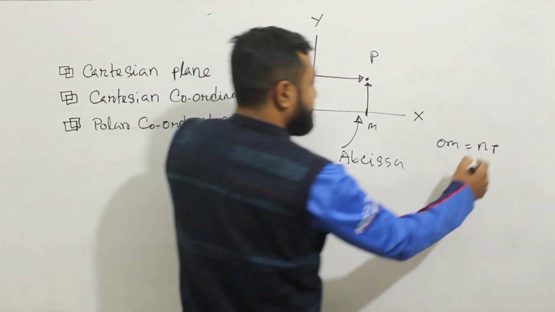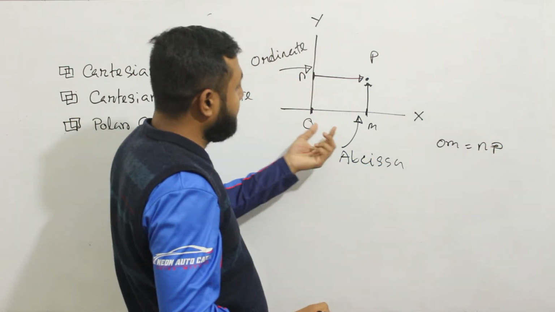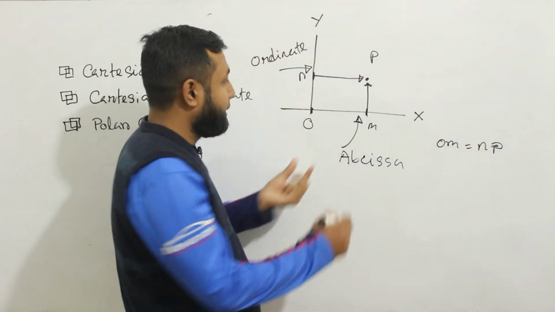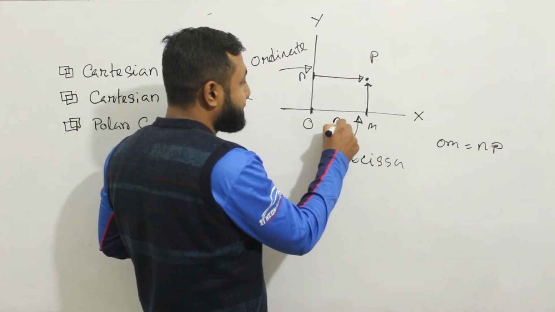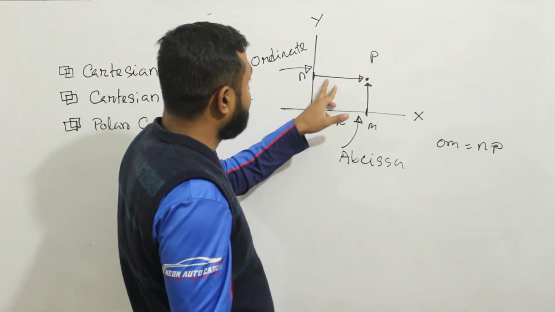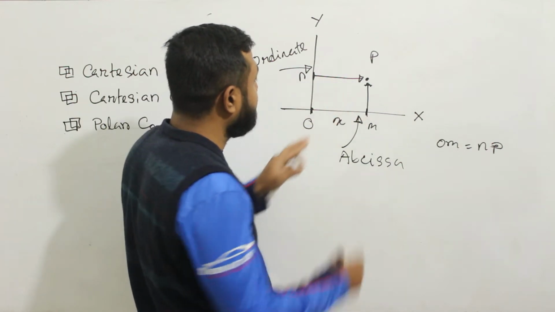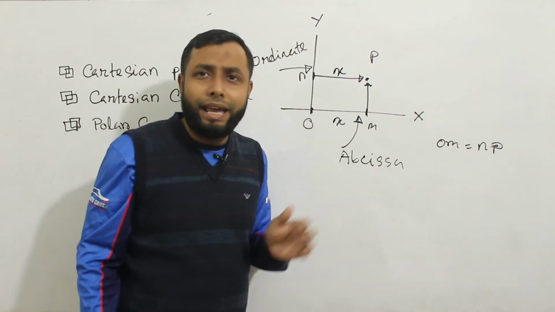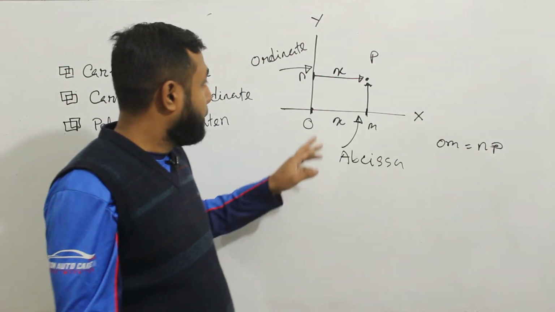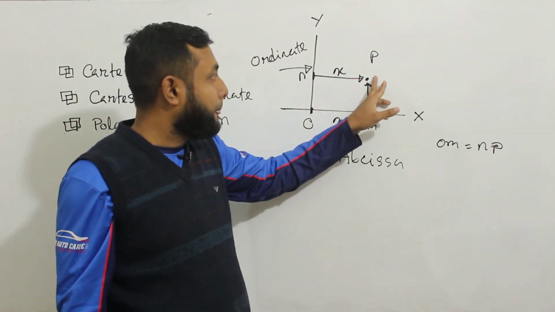So, if the distance of M from O is x, then the distance from N to P will also be x. So, x is a measurement from point O to P.